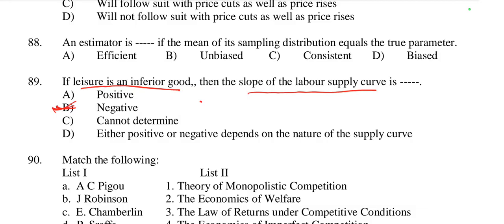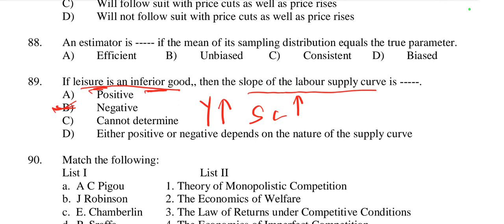Because when income rises, individuals prefer to consume less leisure, since they view it as an inferior good. So when income rises, people prefer less leisure and supply more labor. So the labor supply curve would slope downward.